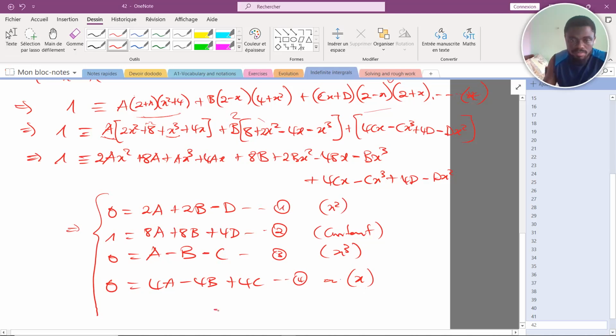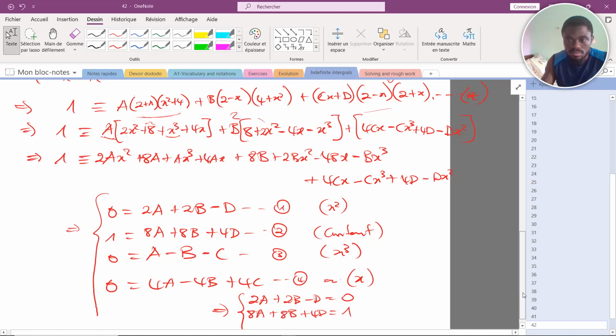Okay, this implies the 4 equations we are going to have. The first one will be 2a plus 2b minus d equals 0. The second one, we have 8a plus 8b plus 4d equals what? Equals 1.